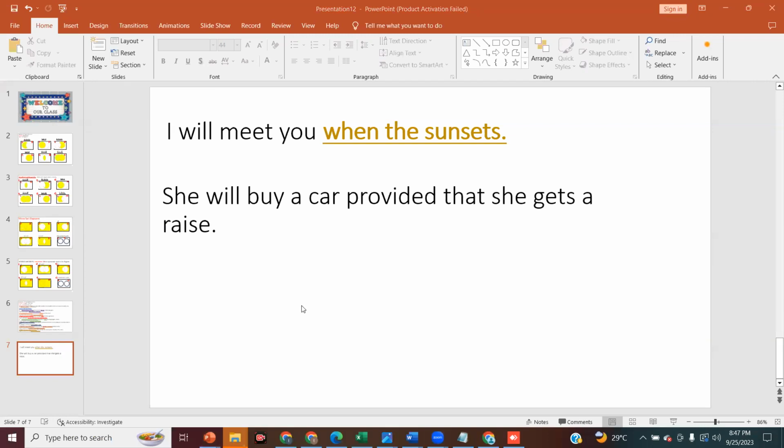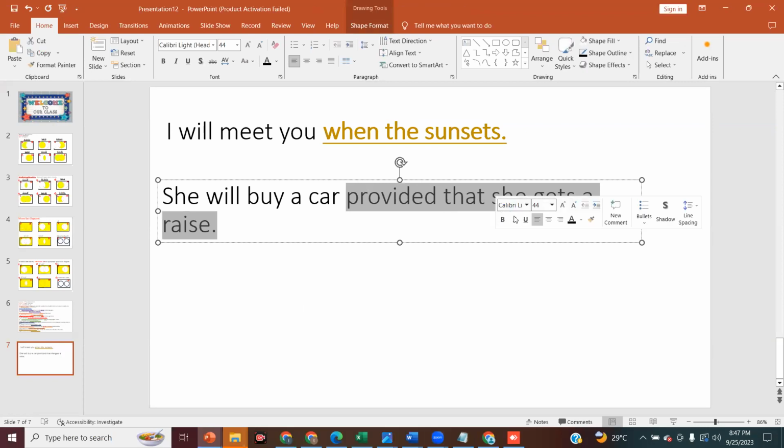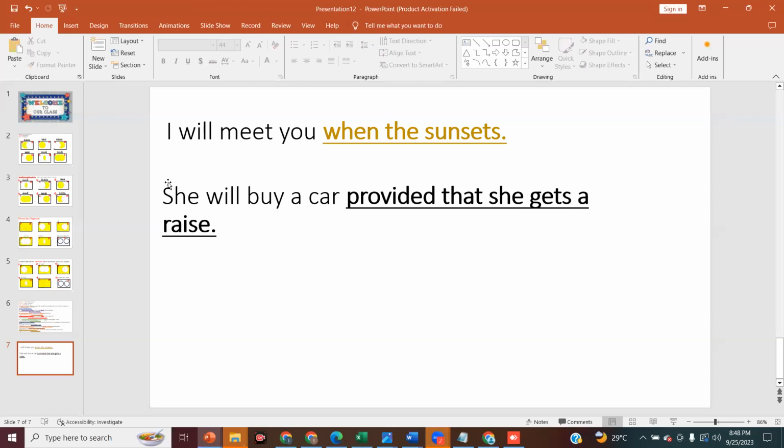Yes, it is condition. Provided that. So if she gets a raise, she will buy a car. So it's condition. So in these exercises that I give you, you're going to tell me: is it condition, cause, manner, whatever it is. Okay, so let's do them.